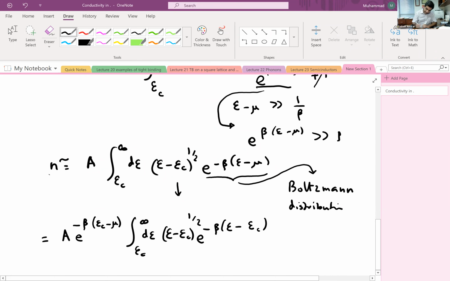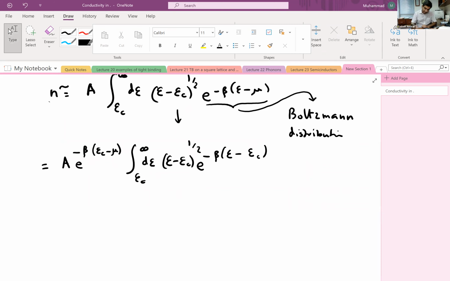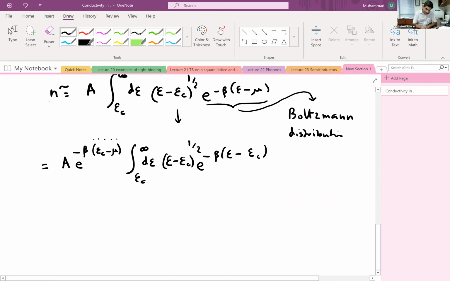So this is my N. I've taken this outside the integral because now this is a constant. Now I can replace this factor with some x. Let's call this x. This becomes dx. This EC becomes 0, infinity, x under root, e to the minus beta x. Sorry, let's see.